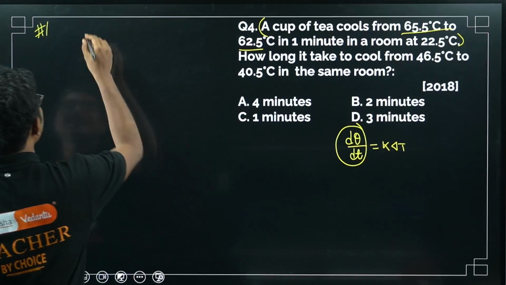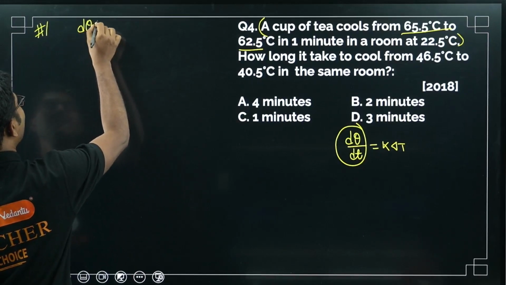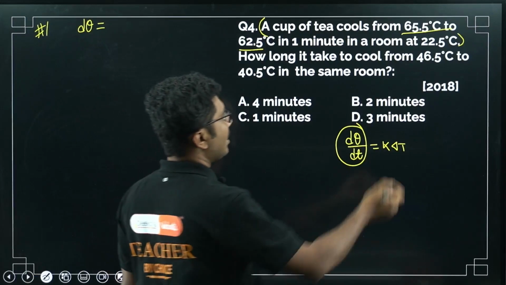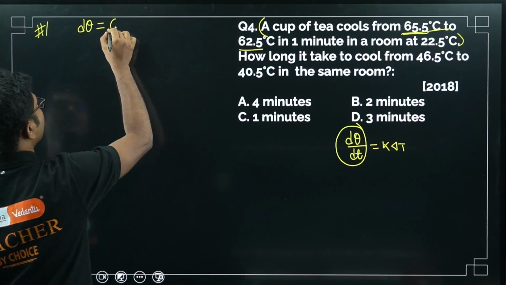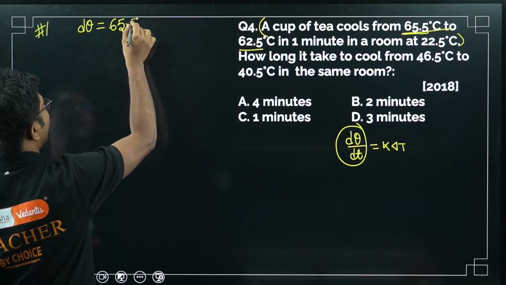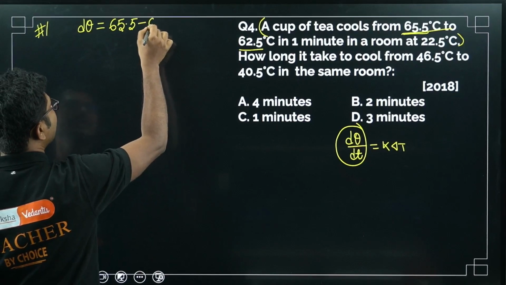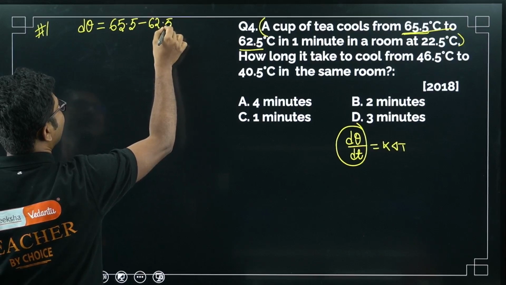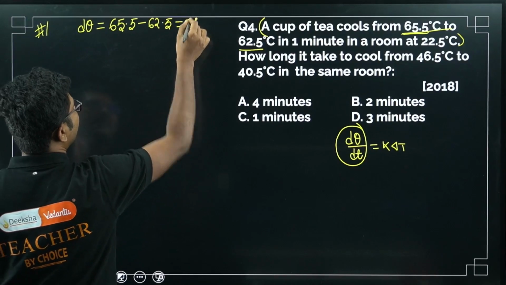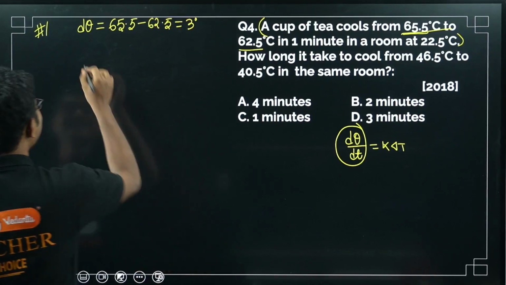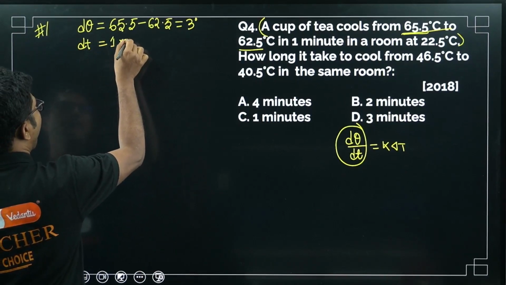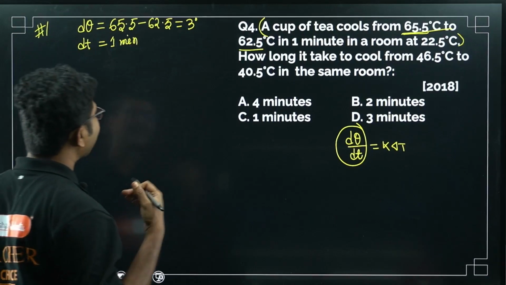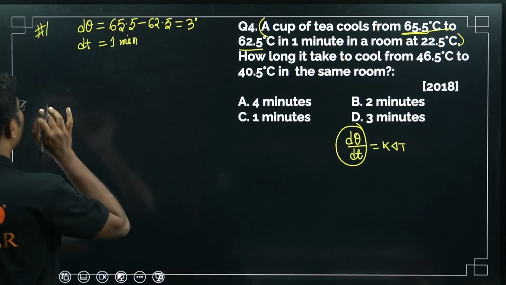In this case, d theta is the change in temperature from 65.5 to 62.5. 65.5 minus 62.5 equals 3 degrees. Now what is dt here? dt is given as 1 minute. No need to convert it into seconds right now, we will keep it at 1 minute.